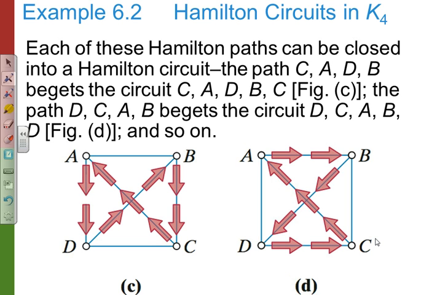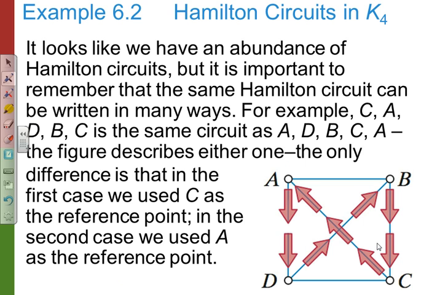Each of these Hamilton paths can be closed back on itself, and then I can have a Hamilton circuit. So whatever point I start at, as long as I have a K graph, a complete graph, everything hooked up to everything else, I can always have a Hamilton circuit getting back to where I'm starting, and I can always have a Hamilton path by truncating one of them.